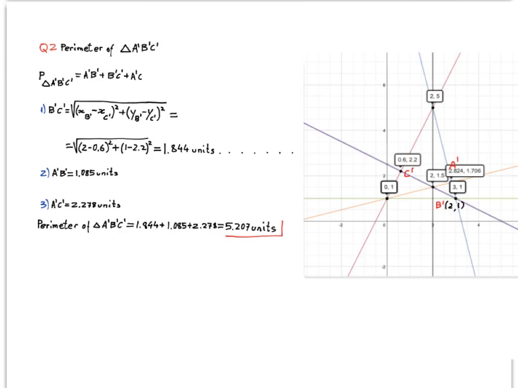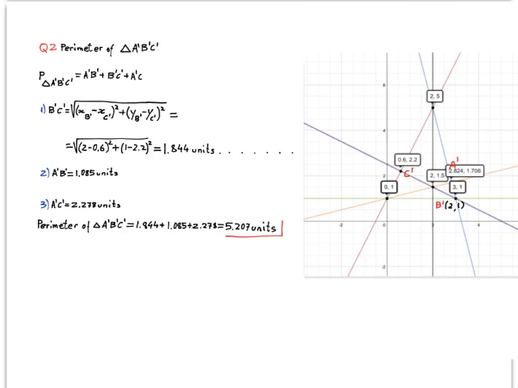It is equal to the square root of (xb prime minus xc prime) squared plus (yb prime minus yc prime) squared, and that is equal to, we substitute: xb prime is 2, xc prime is 0.6, yb prime is 1, and yc prime is 2.2. And solving this, we get a result of 1.844 units.